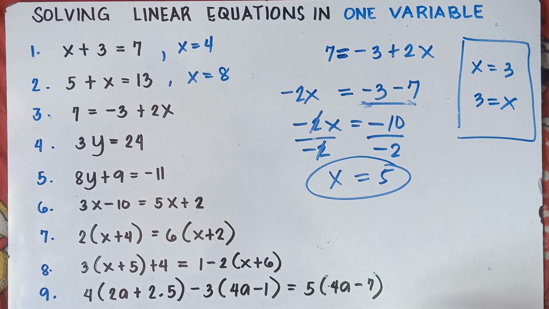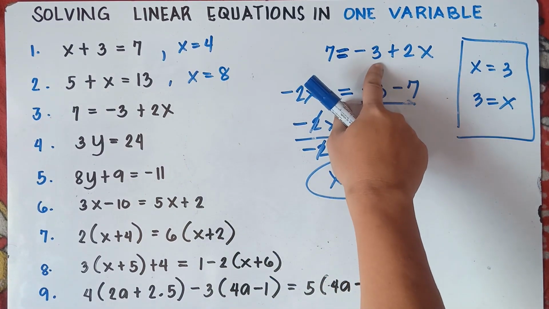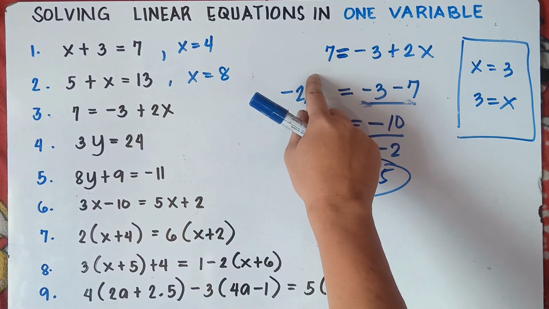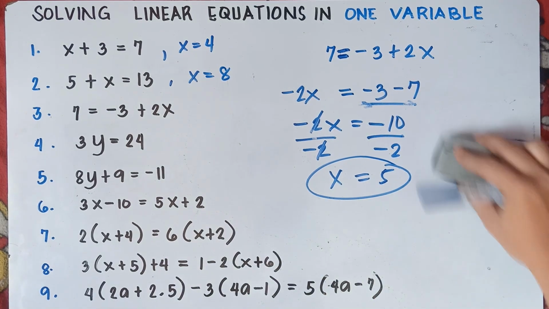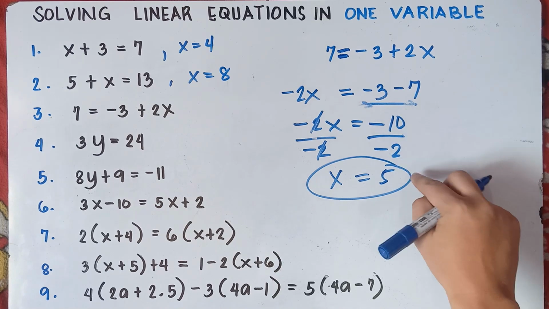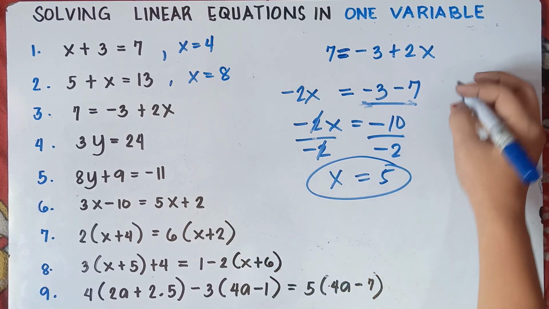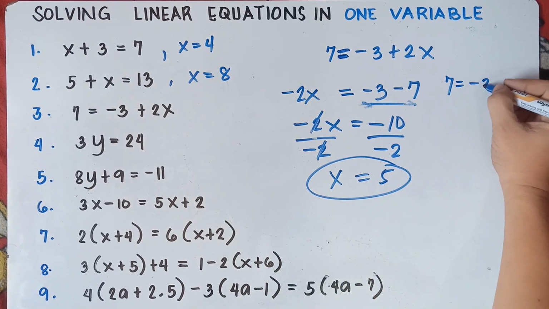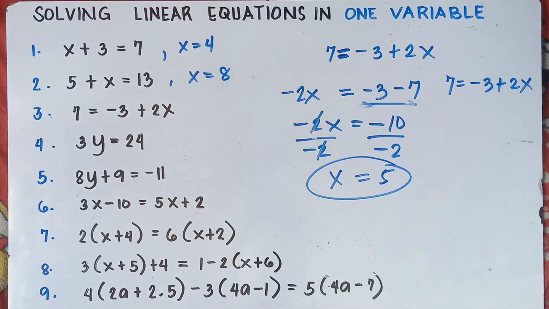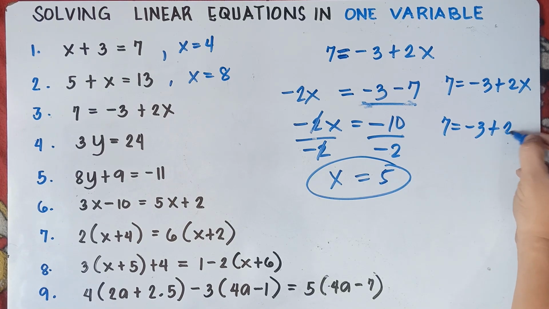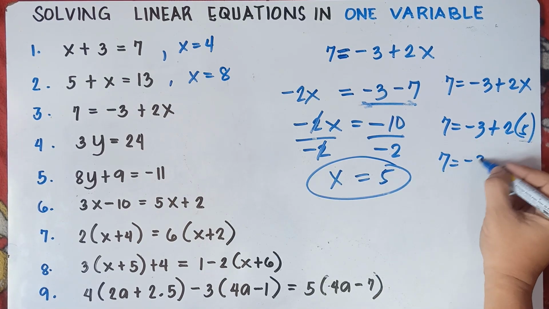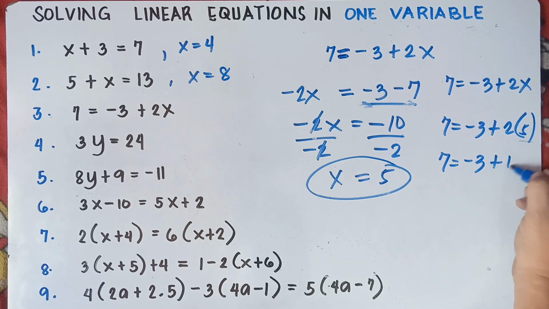But in my case, I will just simply transpose this negative 3 from right to left, and remain this 2x to be positive. Even if we check this one, 5, if it's really correct. So 7 equals negative 3 plus 2x. So 7 equals negative 3 plus 2, our x is 5, 2 times 5. 2 times 5 is positive 10.